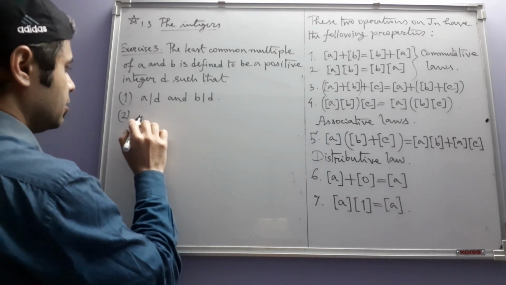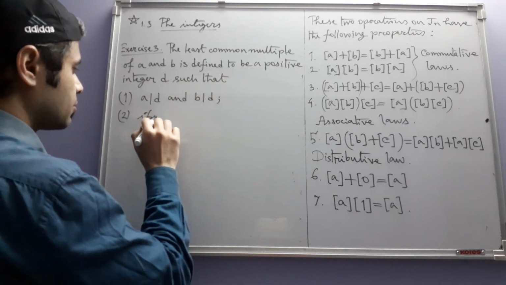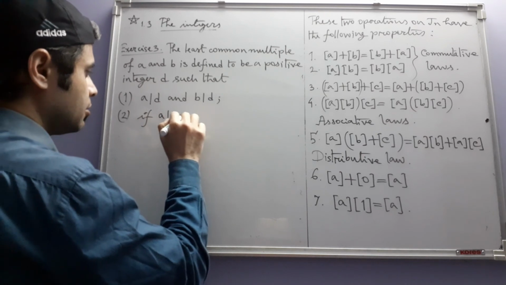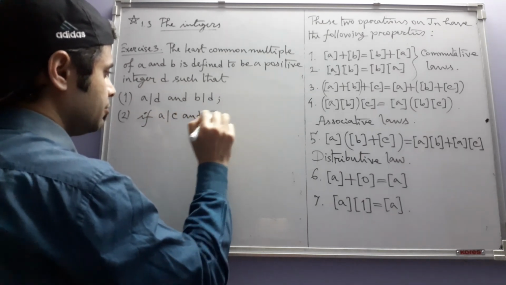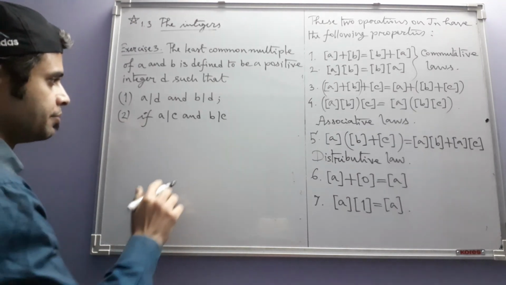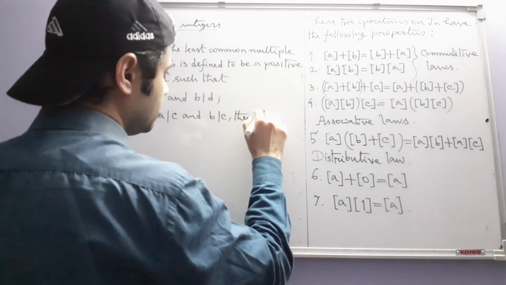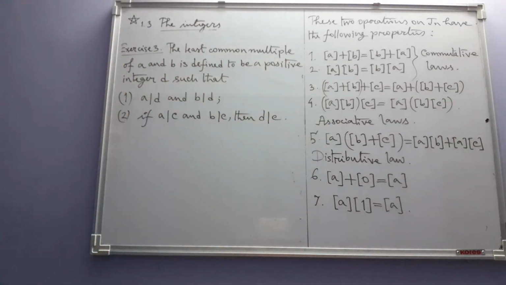And if a divides c and b divides c, where c is some integer, then d divides c. If these two conditions are true, then d is said to be the least common multiple of a and b.